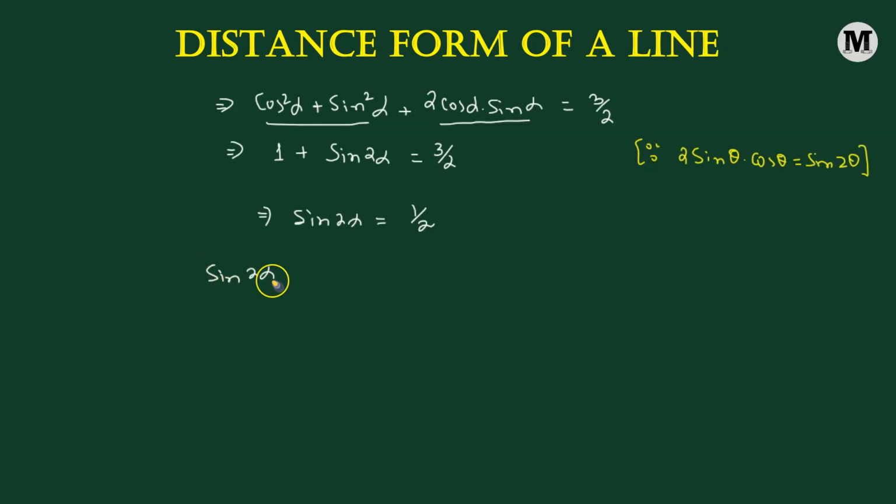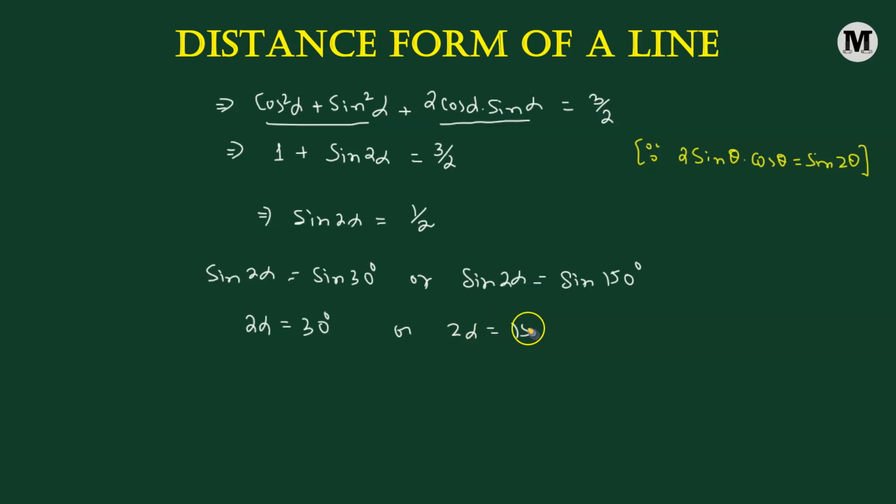We have sine 2 alpha equal to 1/2 if we have sine 30 degrees, which equals 1/2, or we could have sine 2 alpha equal to sine 150 degrees, which also corresponds to 1/2. So that means we have 2 alpha equal to 30 degrees, or 2 alpha equal to 150 degrees. Solving for alpha, alpha comes out to be 15 degrees, or alpha equals 75 degrees. So this is the direction.